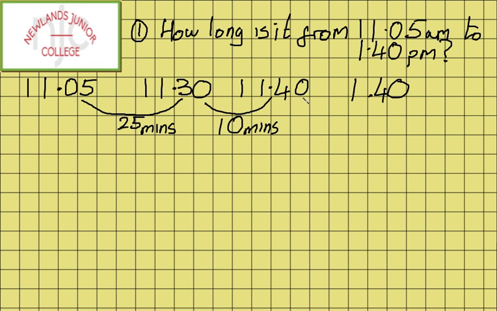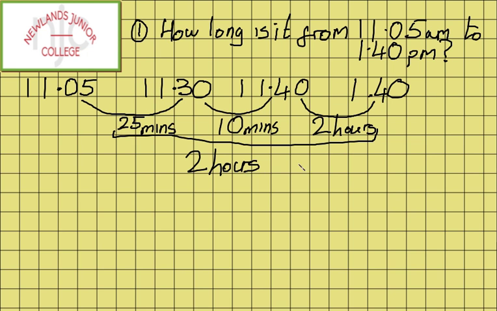How many hours has it taken? From there to there, it's taken 2 hours. Okay, all you have to do now is add these three chunks together. So in total, they add up to 2 hours and 35 minutes.